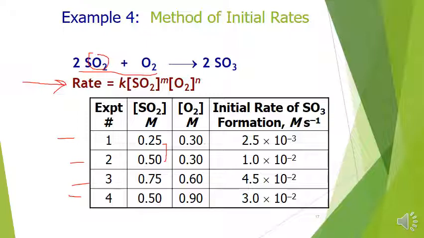And then if you notice, we can use experiment number 4 because we're holding the first one constant, and then we're actually tripling the O2. In the previous slide we just talked about doubling the concentration, and then you can figure out the exponent.